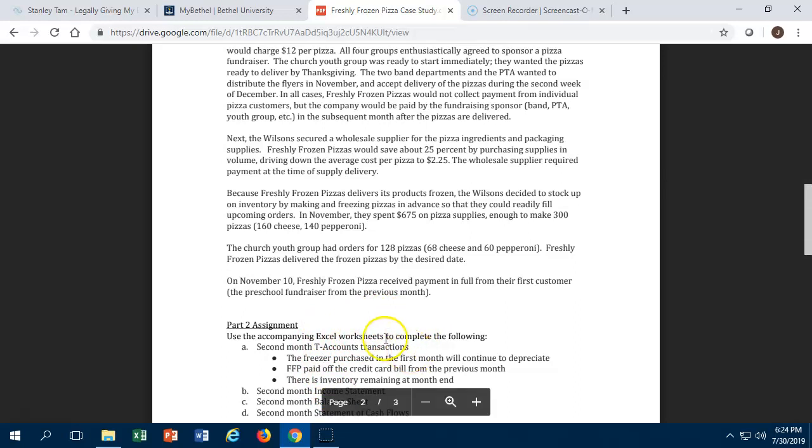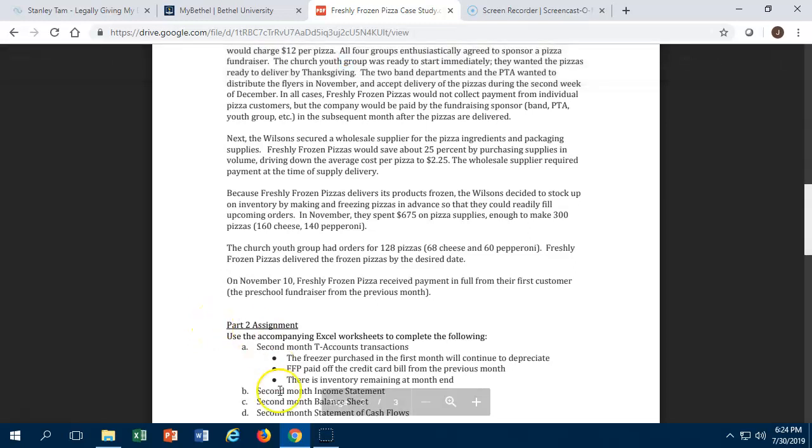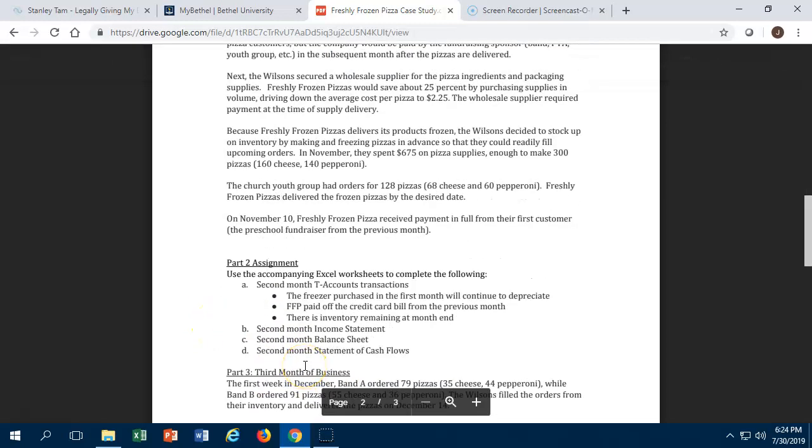That is a good point. The cash flow is showing you'll have the beginning cash balance. Depending on the method, I can't remember if you used the indirect method or what you had to do for part one.